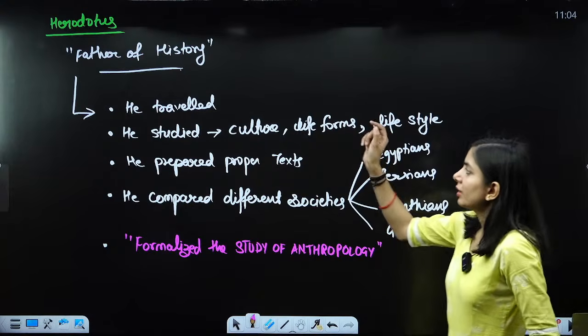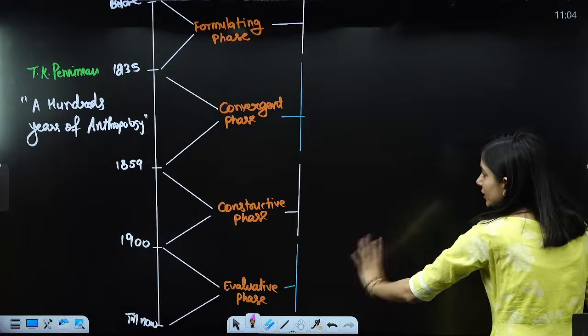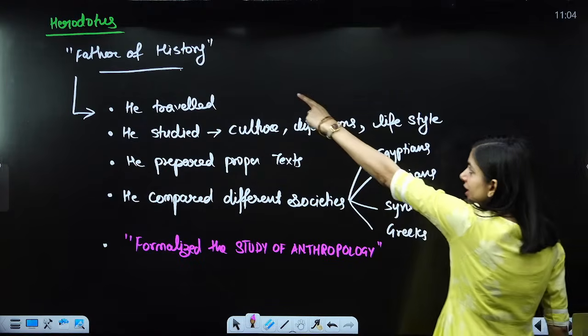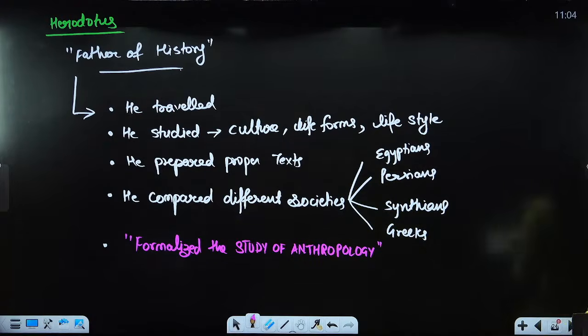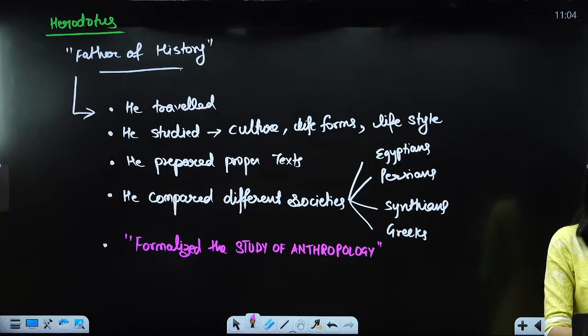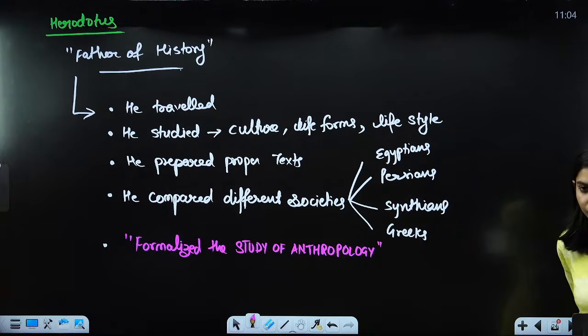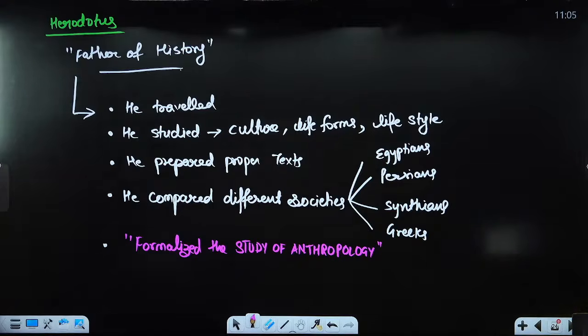Anji, do one thing, reserve one page for this diagram. On the next page, write down Herodotus, first stage. Anji, done?